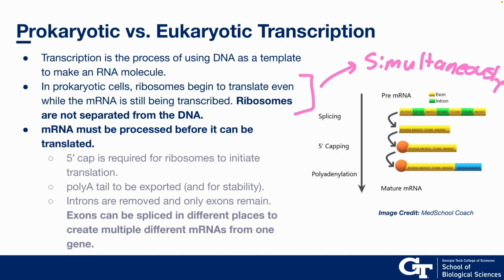So eukaryotic transcription goes through three main steps of processing. We have the splicing step where we remove the non-coding introns. Then we slap on a 5' cap, which is necessary for translation to start. And then we add on a long chain of A's called a poly-A tail. Those are the three main steps. I want you to pay close attention to this bullet here.